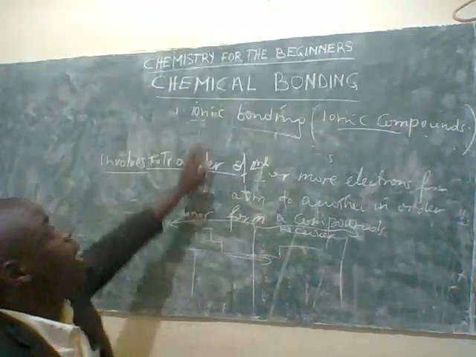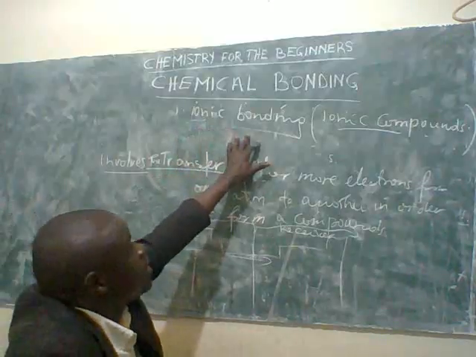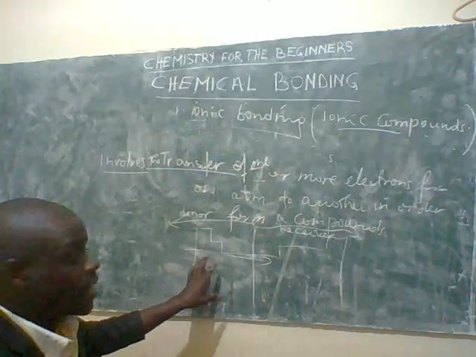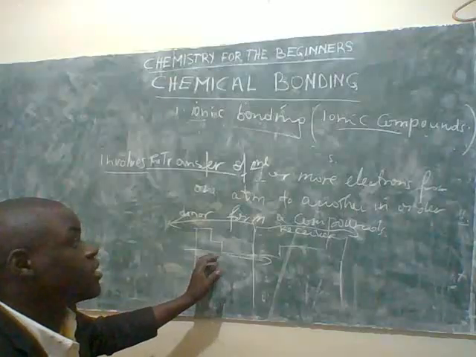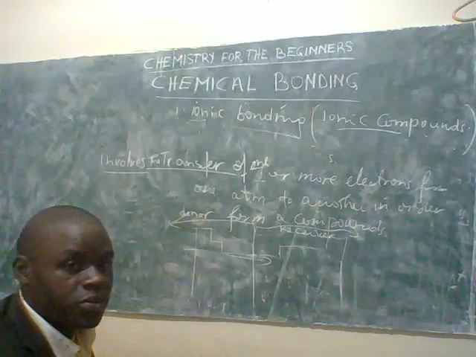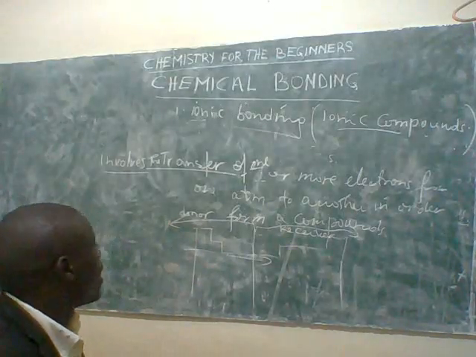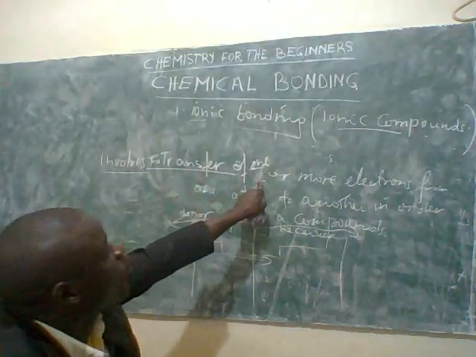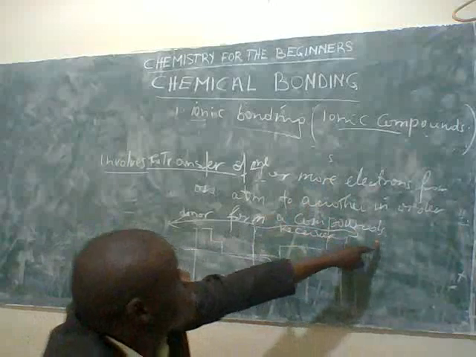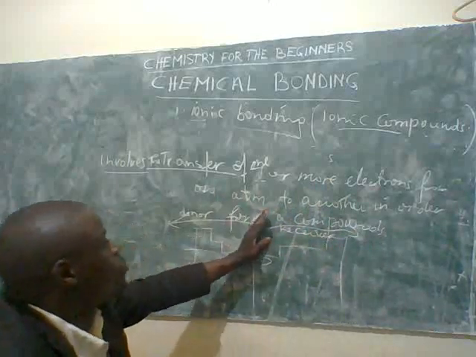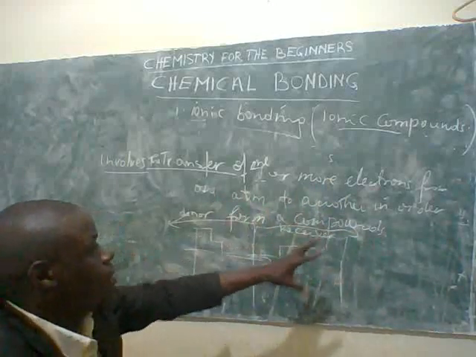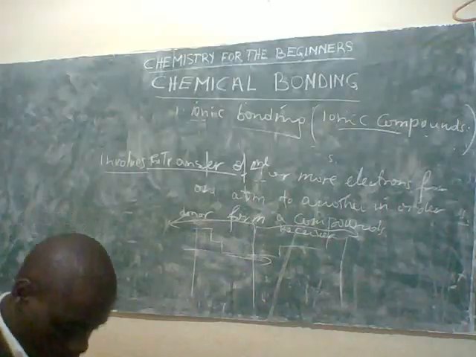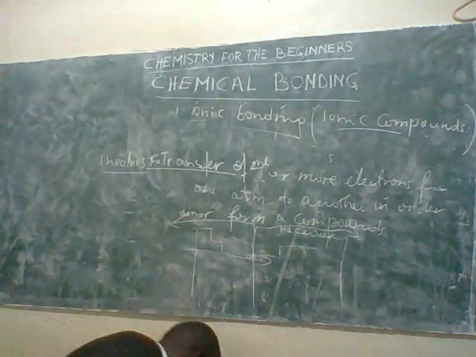This is where ionic bonding will be formed: when the donors have transferred one or more electrons from one atom to another atom. So this is what we call ionic.